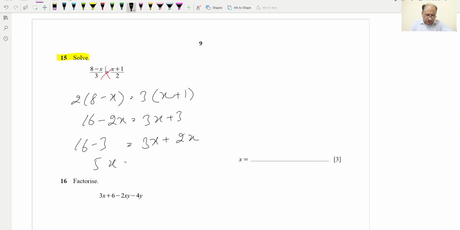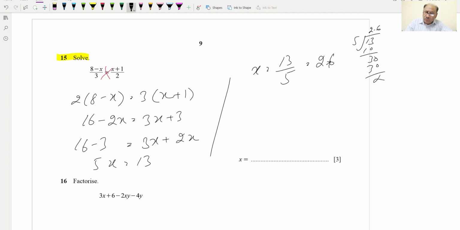So 5x is equal to 13. So this implies x is equal to 13 over 5, which we can write by dividing 13 by 5, and it will be 2.6. So 2.6 will be our final answer, which we can provide over here.